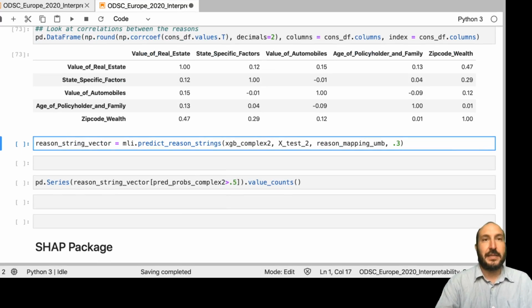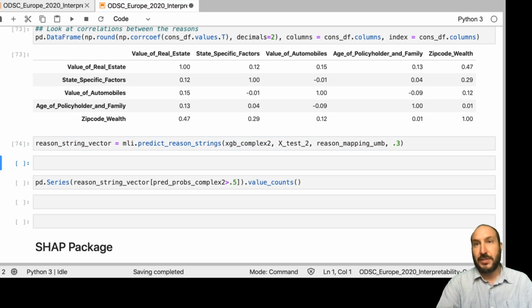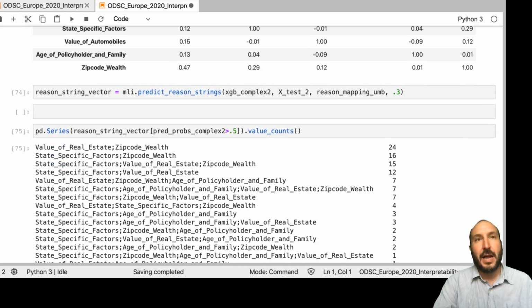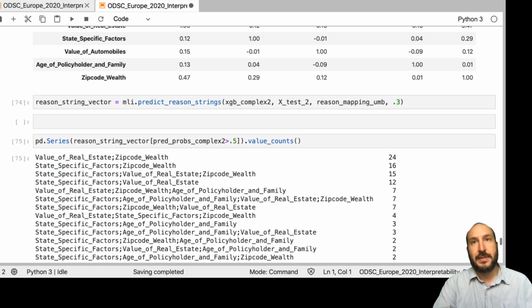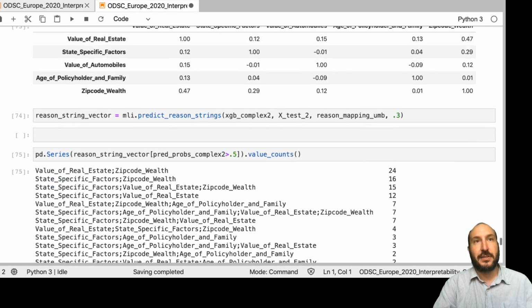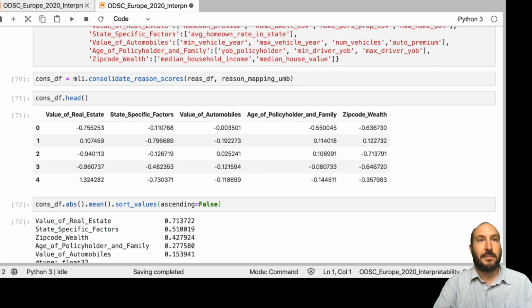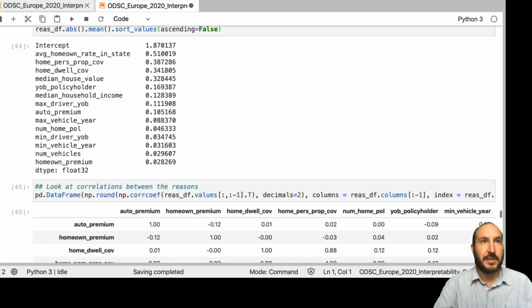Now again, to make this more usable, we can come up with something where you set a threshold and you say for each prediction, I'm going to include the reasons that scored above a certain threshold.